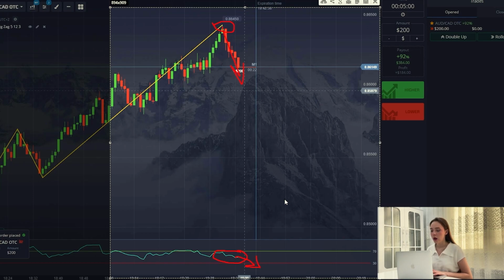And while we have time left before the trade ends, let me tell you how to work with the zigzag indicator. This indicator is a broken line that connects the local maximum and minimum in the price chart. And due to the fact that the zigzag is built on the most significant maximums, it is very convenient to use it to analyze the price chart.